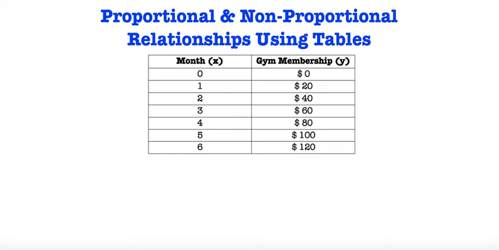Hello, mathematicians. Today we're going to be learning about proportional and non-proportional relationships using tables. So here we have the relationship between the number of months and our gym membership. The number of months is represented by X and our gym membership is represented by Y. As we notice on our table, our X increases by 1.